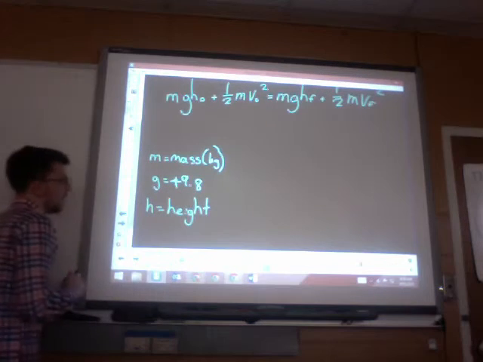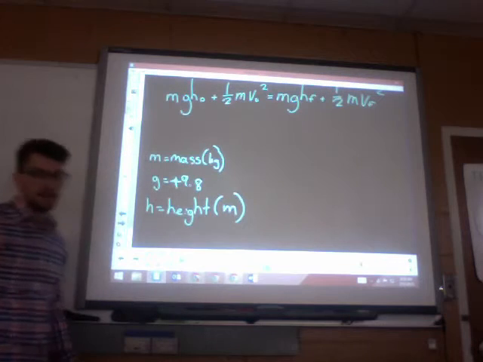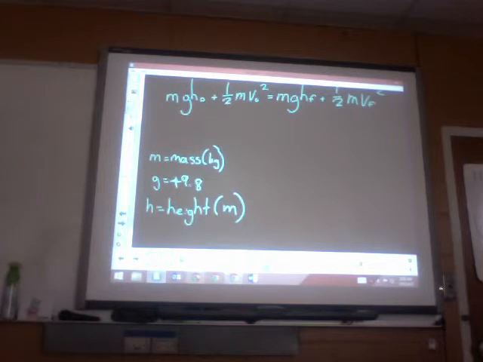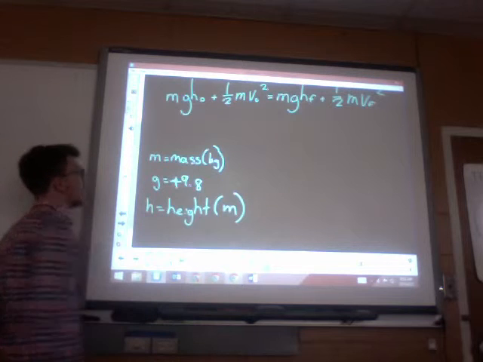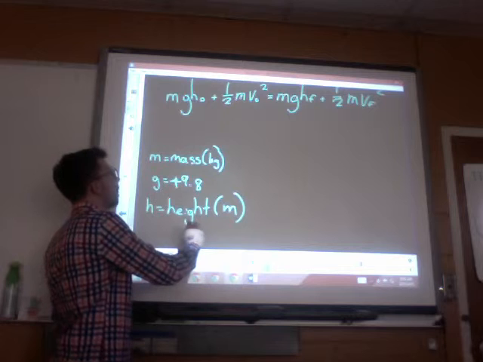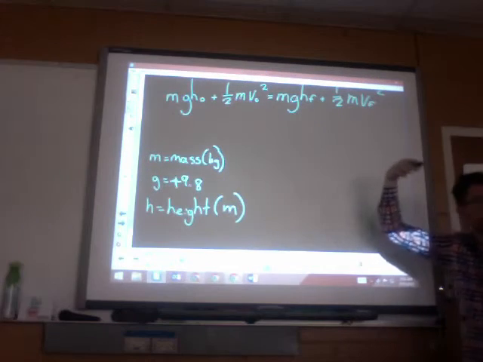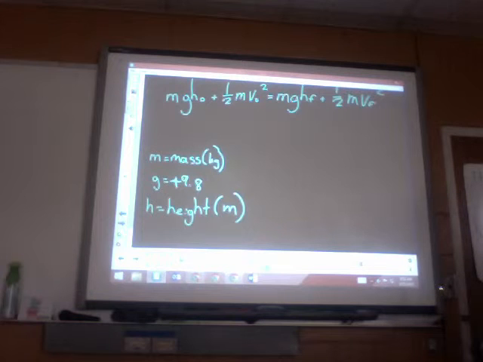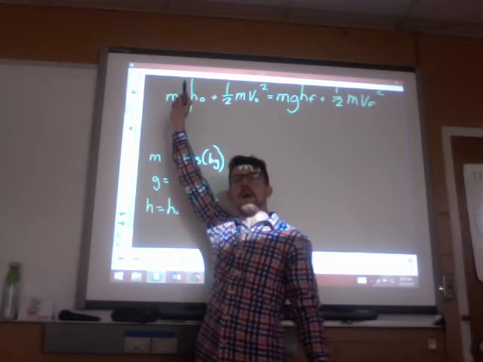Spoiler alert, I'm going to give you the height in feet on the test, because the standard unit is meters. So if I give that to you in feet, you have to convert it to meters. So if H is height, what's HF? Final height. HO? Initial height.